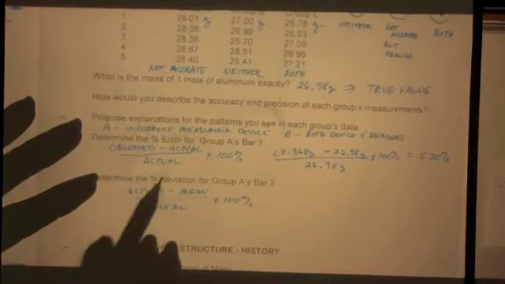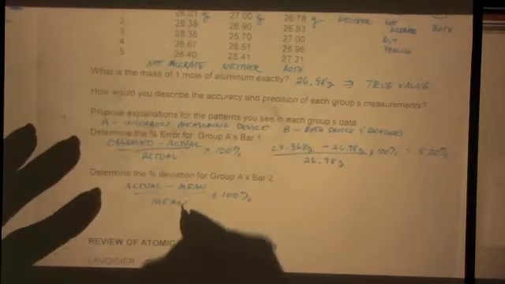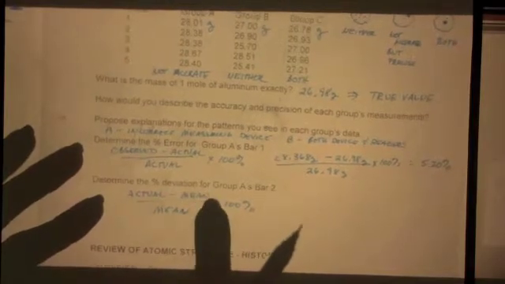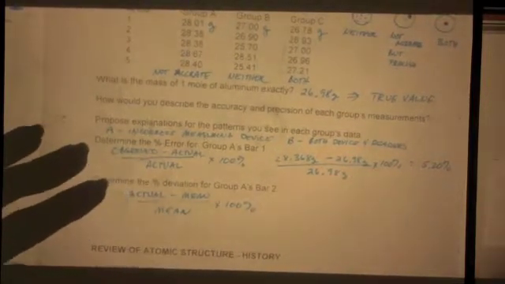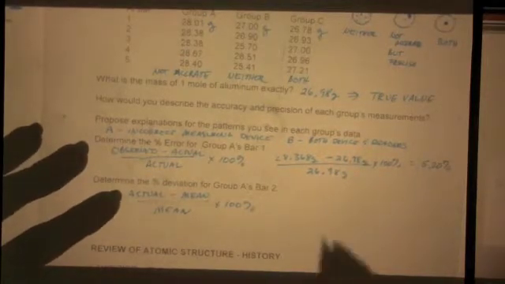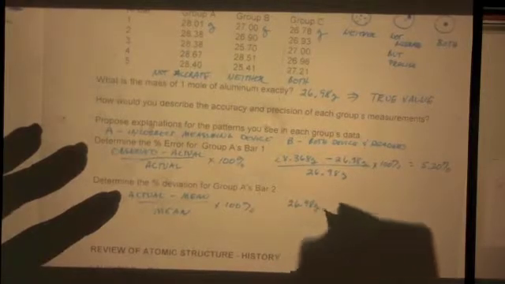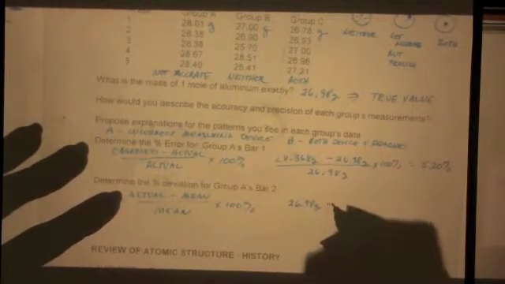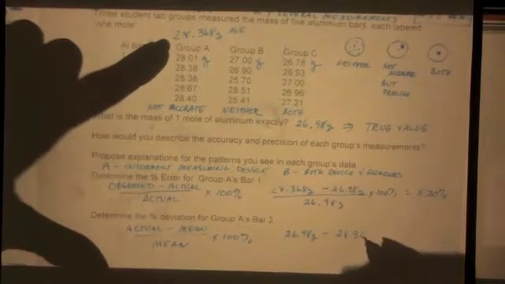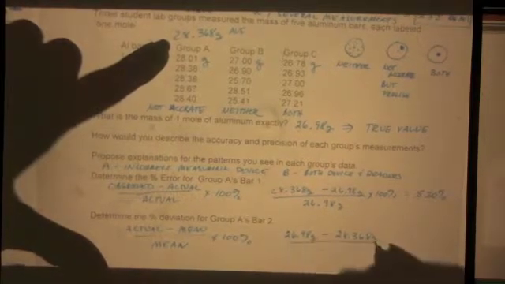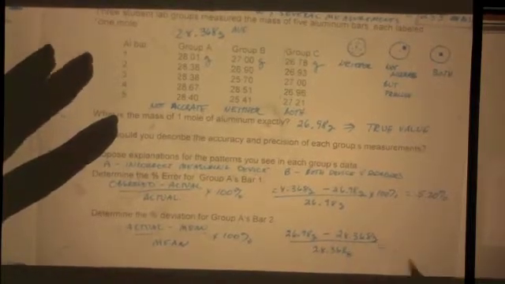While you see the values have changed here, many times you take several different measurements, so you would get the mean value and compare it with the actual value. The actual value here is 26.98 grams minus the mean value, which was 28.368 grams, over 28.368 grams.